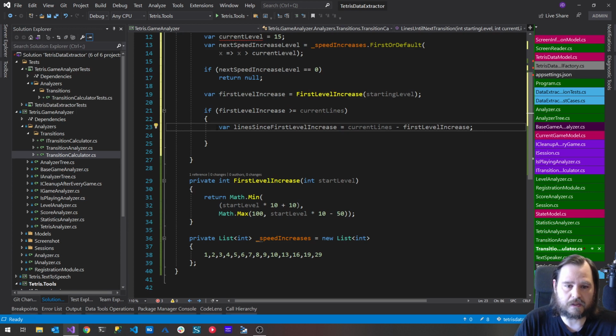So actually, let's say the next speed increase level minus your current level, we can multiply this by 10.